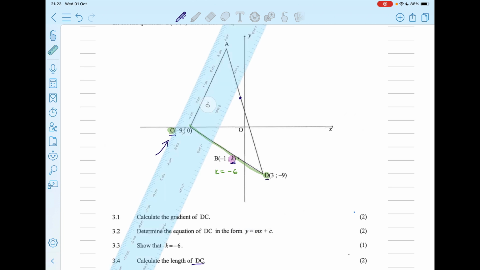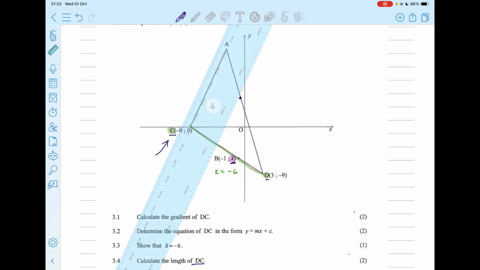Now joining, I still need my ruler. Let's move it a bit. I think that's fine. There we go. So this is my point M that I just randomly chose.